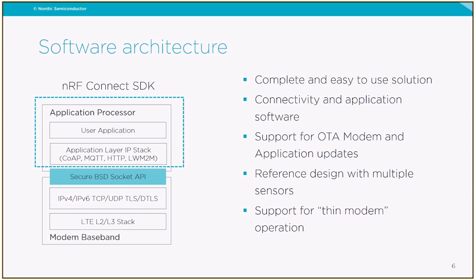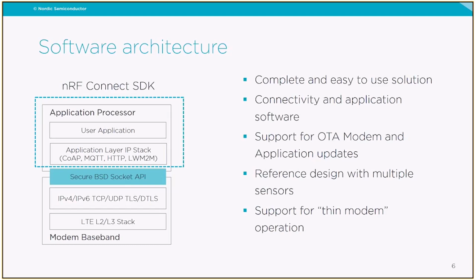On the modem side, then you have the IPv4, IPv6, TCP, UDP, TLS, DTLS layer, along with the LTE stack themselves, so the L2, L3 layer. Connectivity, and we of course have connectivity in application software. We also have support for over-the-air modem and application updates.